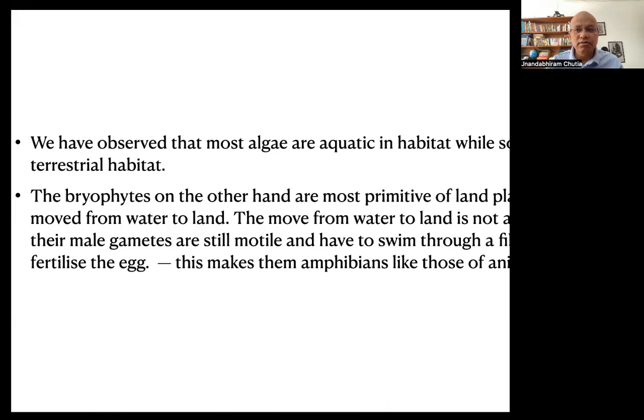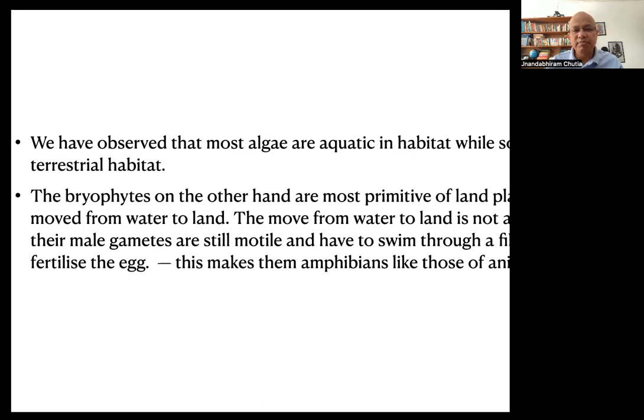This is one of the main conclusions, or scientific presumptions, that the bryophytes were very much related to their aquatic habitat, the basic feature being fertilization, where the male gametes are motile and have to swim through a film of water to fertilize the egg.